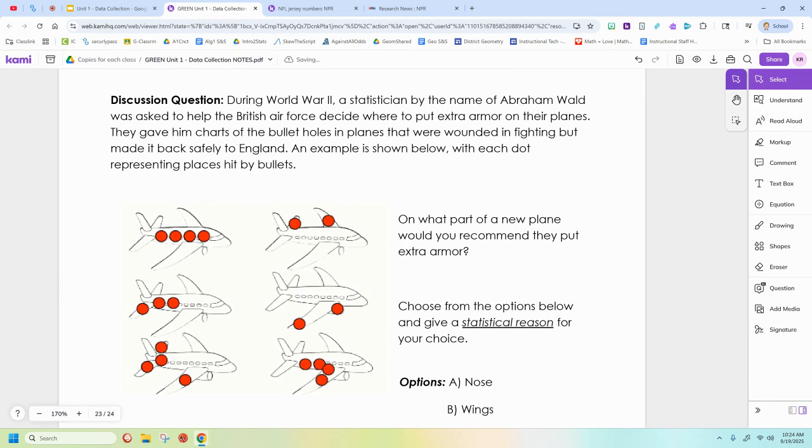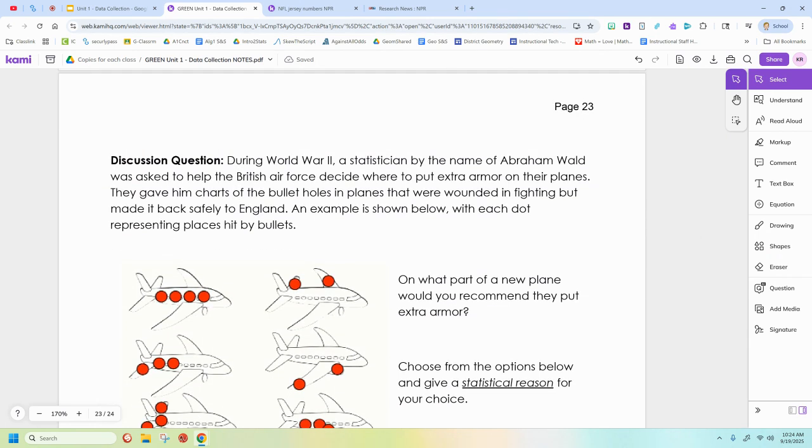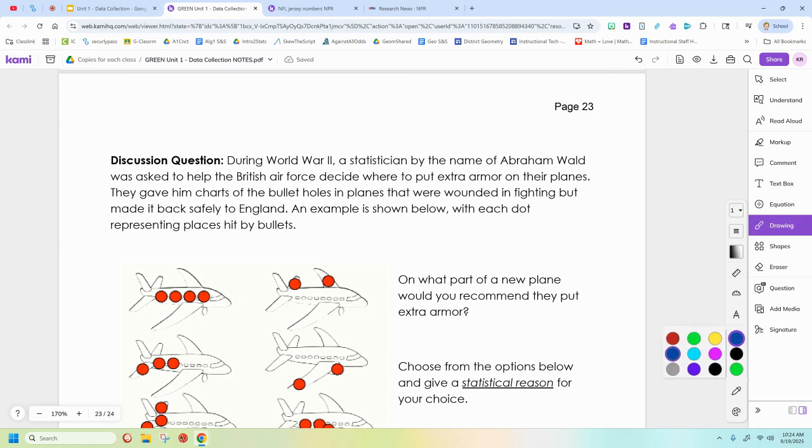How do we get more of those planes to be able to make a complete flight, not lose men, not lose equipment, et cetera, and so on? Is there ways that we should reinforce them? So we're going to look at something in reference to this that's called survivor bias.